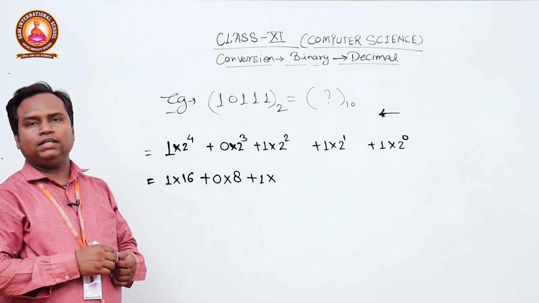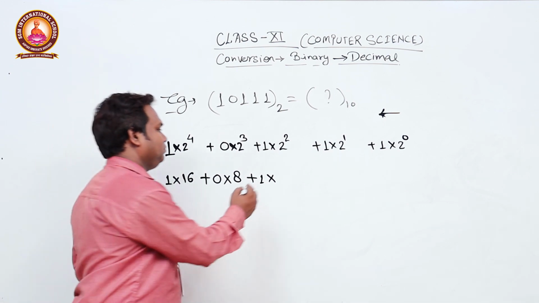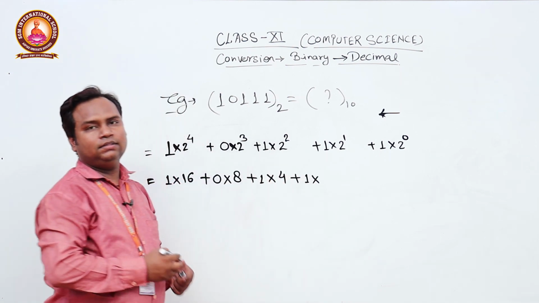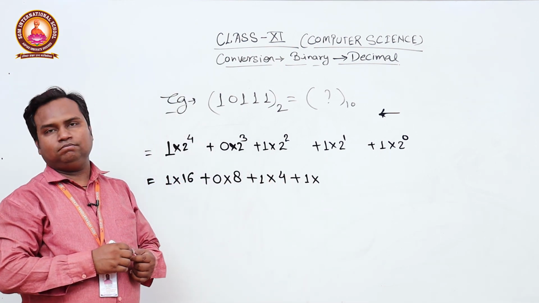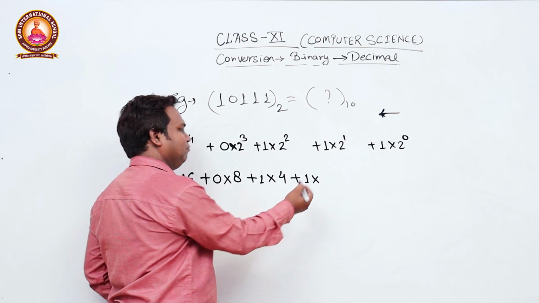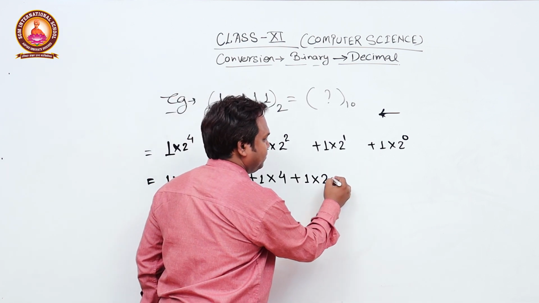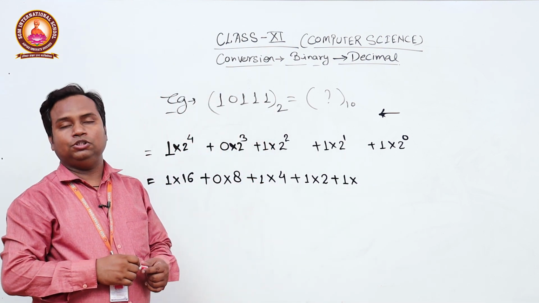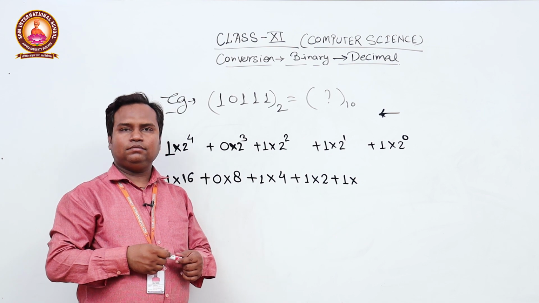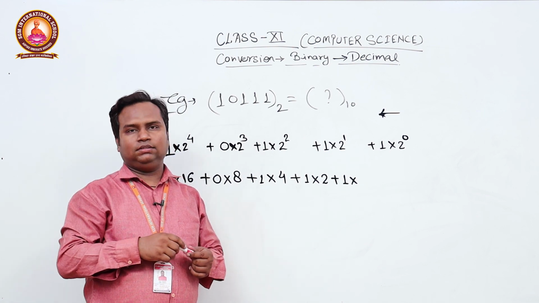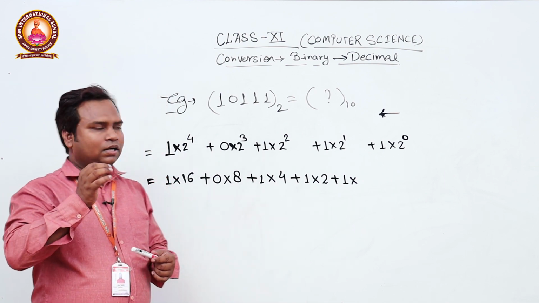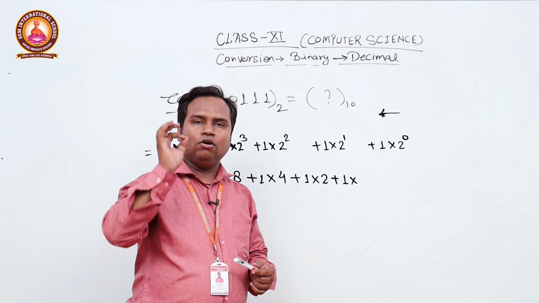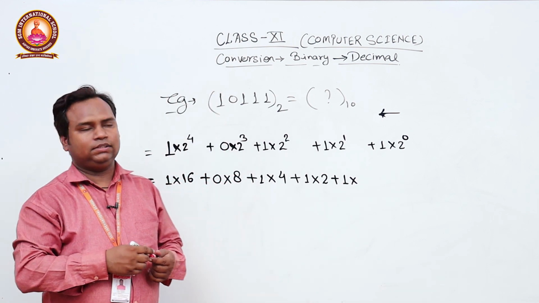What is the value of 2 square? 4. Plus 1 multiply 2 raised to 1, that is 2. Plus 1 multiply 2 raised to 0. What is the value of 2 raised to 0? Always 1. Any number to the power of 0 is always 1 according to mathematics.